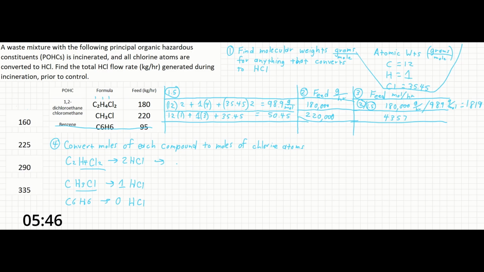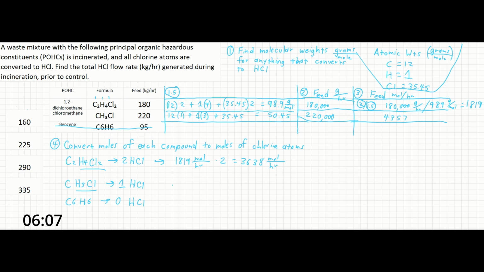So for this next step, we are going to multiply the moles of chlorine atoms available to us by the feed mole per hour. So this will be 1819 mole per hour times 2 to give us 3638 mole per hour.